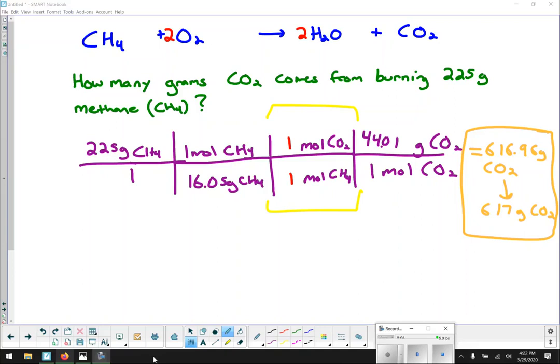Yes, you have to start with a balanced equation, so make sure you balance all the equations before you start. And yes, eventually we'll get to the point where I just give you like CH4 and O2, and you have to know its combustion and predict the products, and then balance it, and then you would do all the stoichiometry. But for now, just make sure you start with a balanced equation and do the conversions.